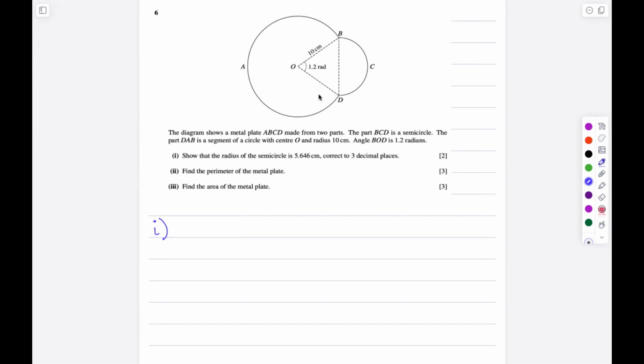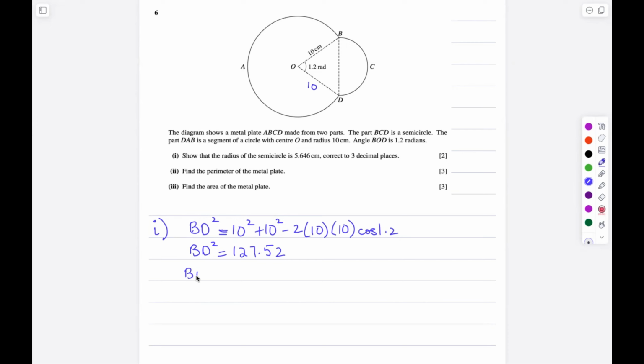So we can find the length BD by applying the cosine rule. As OD is also 10, it is a radius. So we can apply the cosine rule by writing BD squared equals 10 squared plus 10 squared minus 2 into 10 into 10 cos of 1.2. Substituting this in the calculator, we get BD squared as 127.52 centimeters.